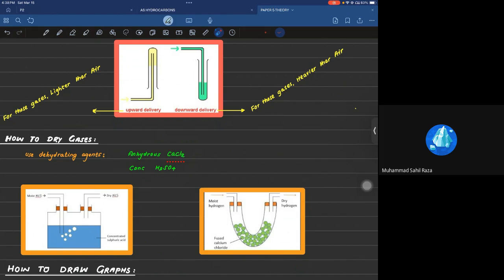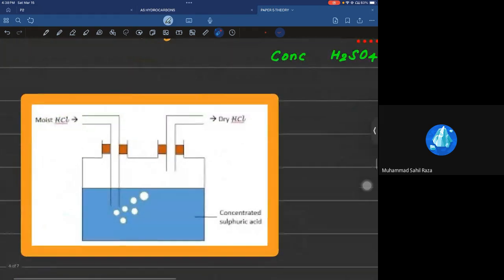Let's suppose in this diagram we are going to pass moist HCl. Moist means HCl plus water. Once it enters the concentrated sulfuric acid, it would absorb the water content from the gas, from HCl.